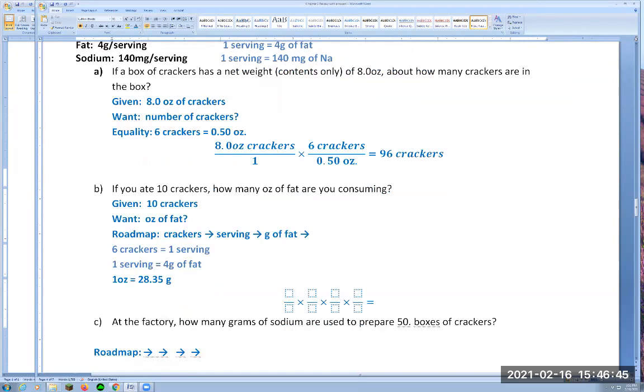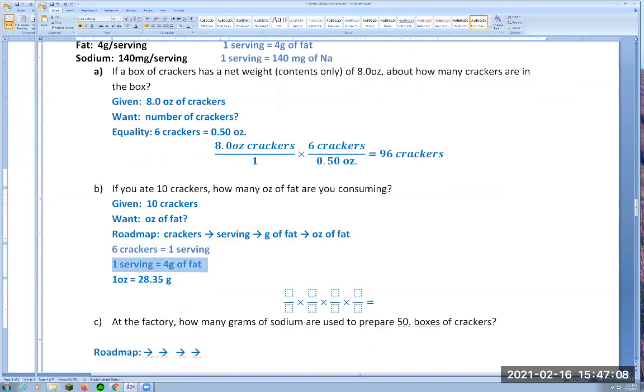So it looks like we have everything this way, right? So let's check that. From crackers, we will change the number of crackers to number of servings. Then, using this equality, once we have the servings, we can change them to grams of fat using this equality here.